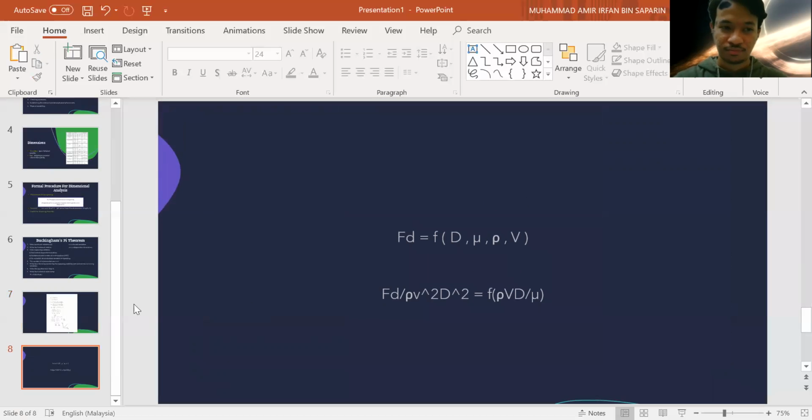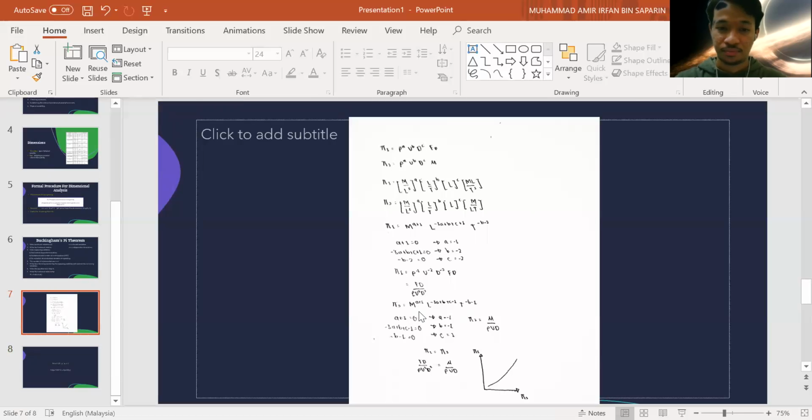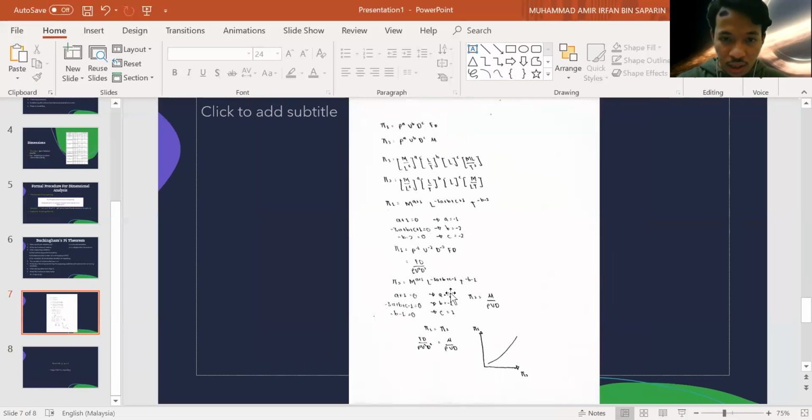Same for the second pi, we use the same way. We get the algebra and we get the values of a, b and c. Oh, I forgot to mention that a plus 1 equals 0, -3a plus b plus c plus 1 equals 0, -b minus 2 is equal to 0. Why are all of them equal to 0?